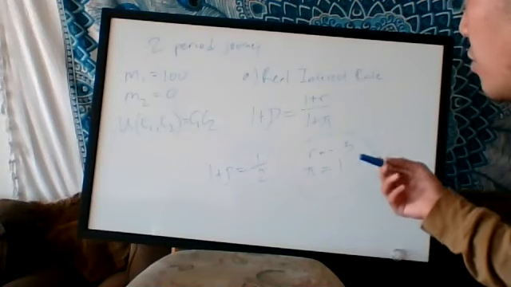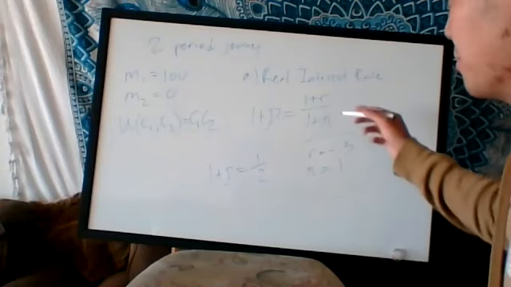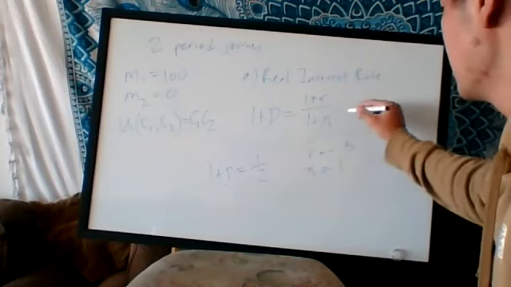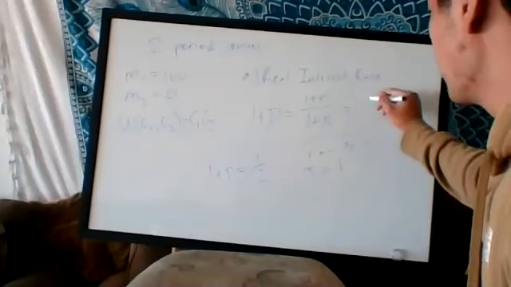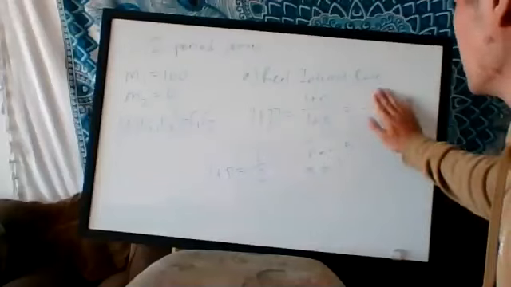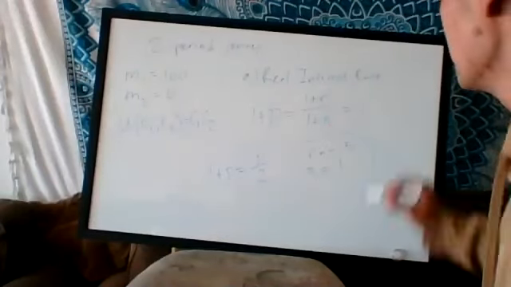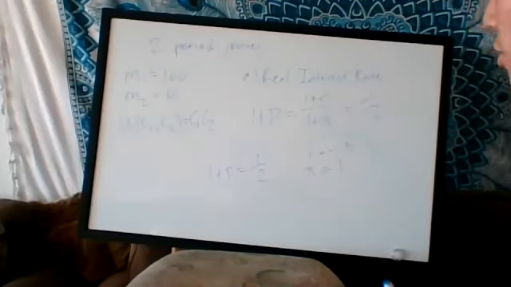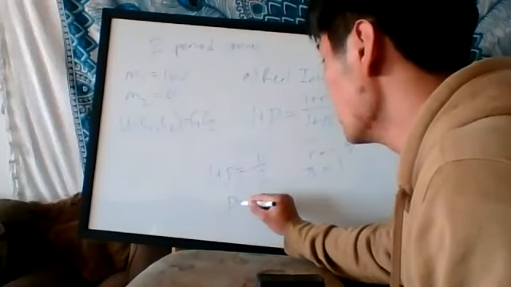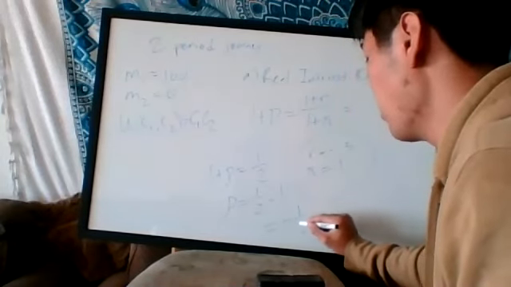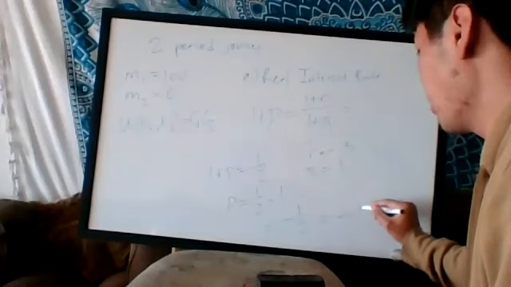The way you can prove that is that if R is negative 0.5 and pi is 0, then we have 0.5 over 1, which is 1/2. Or if R is 0 and pi is 1, then we get 1 over 2, which is the same thing. So either way, the real interest rate is rho equal to 1/2 minus 1, which is equal to negative 1/2 or negative 0.5.